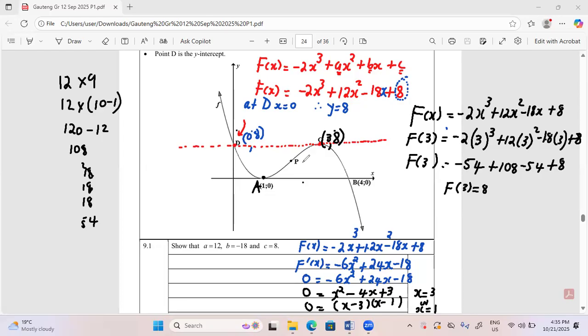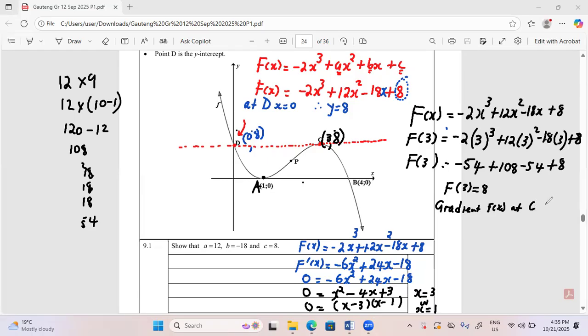Now, Kusai claimed that the tangent passes through D and C. The tangent to F passes through the points D and C. So if indeed this line is tangent to F at the point C, the tangent and F must have the same gradient at C. So what is the gradient of the function F at C?